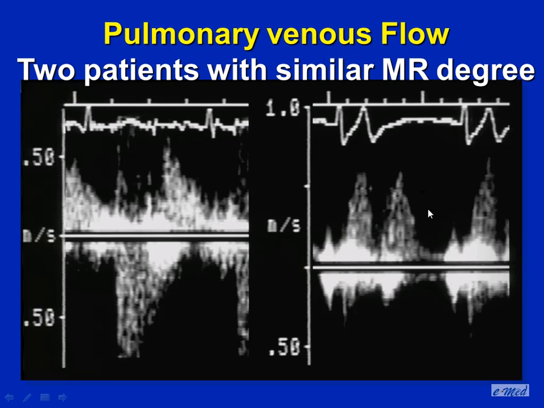One has none. And the explanation for that is that the flow reversal is not related to the amount of regurgitation, but is related to the presence of a V wave in the left atrium. So a non-compliant left atrium, you have a V wave. And there are two reasons to have a V wave that we'll call a reversal.